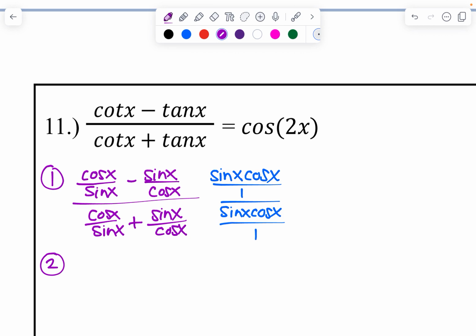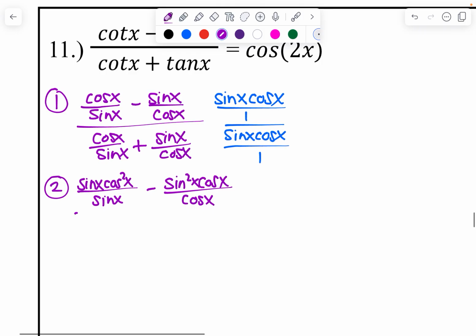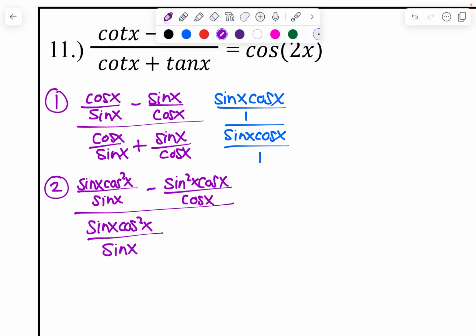So that we would have sine of x cosine squared of x over sine of x minus sine squared x cosine x over cosine of x. And then we'll have sine of x cosine squared of x over sine of x plus sine squared x cosine of x over cosine of x.